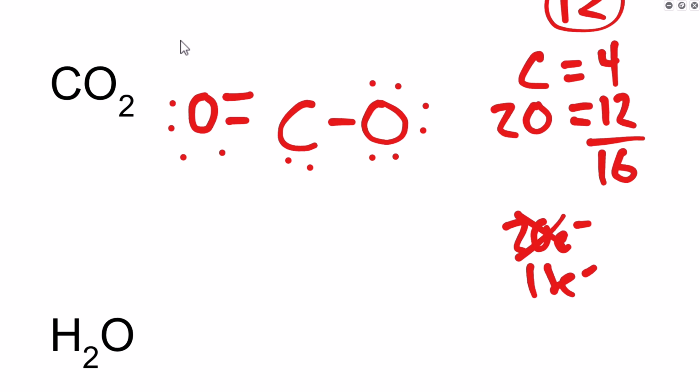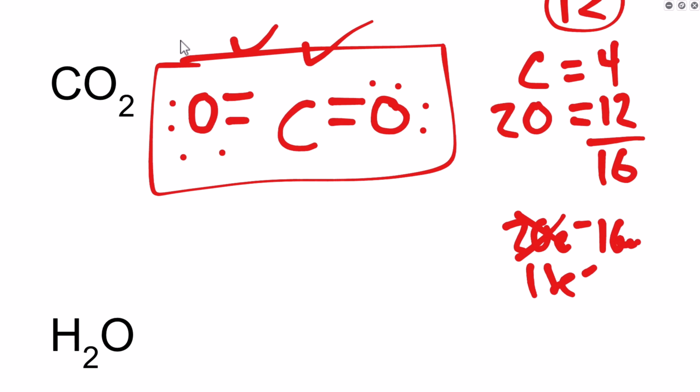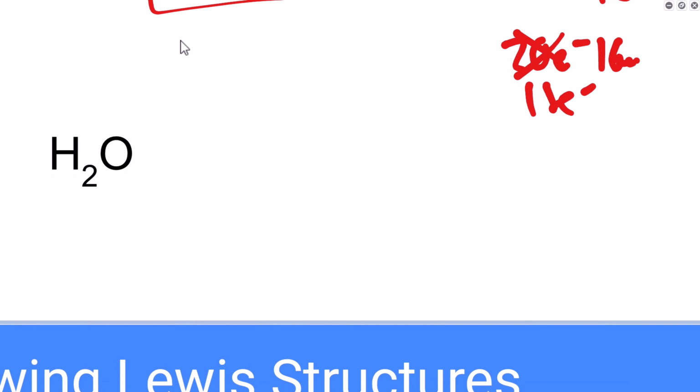Atoms tend to like to be that way. They're more stable, if you will. So we're going to take away 2 more lone pairs and add another bond here, and so we end up with 16 in our structure. So there you go. All my octet rules are satisfied. We have 16 electrons in our structure. We are good. Let's do one more practice problem, and then we will move on.